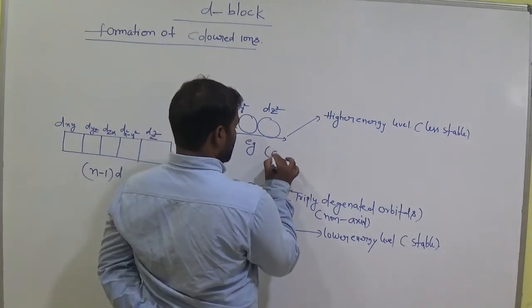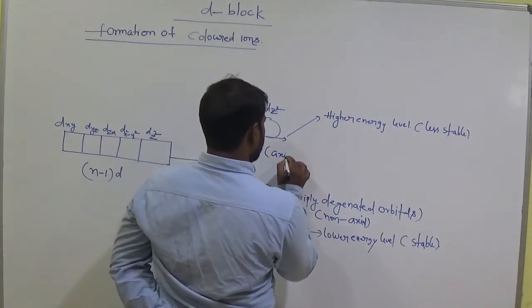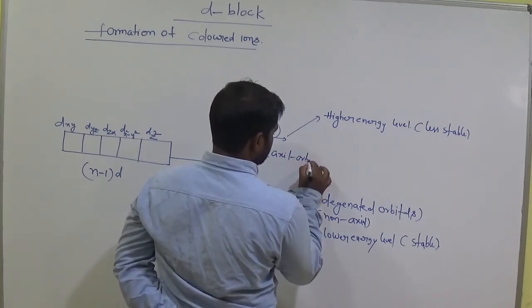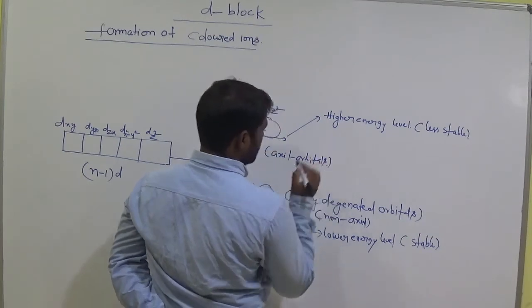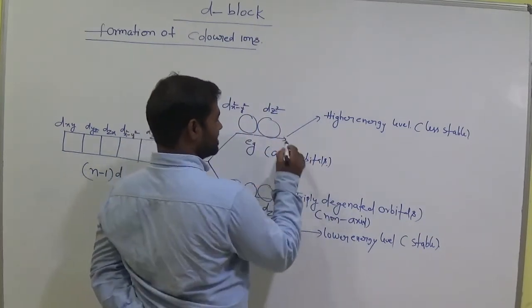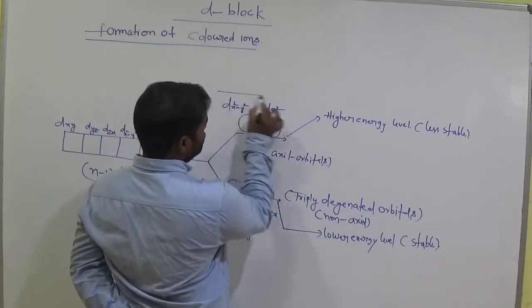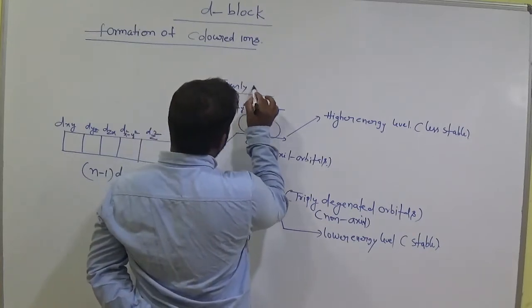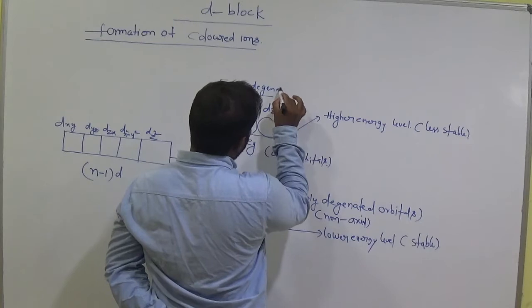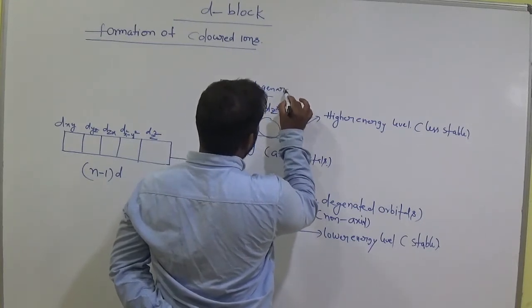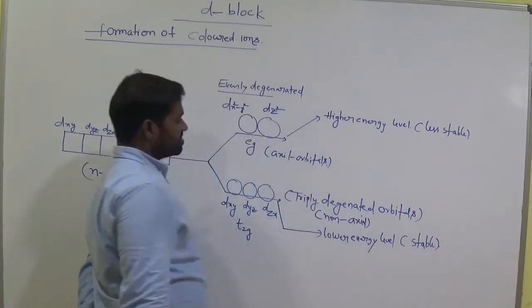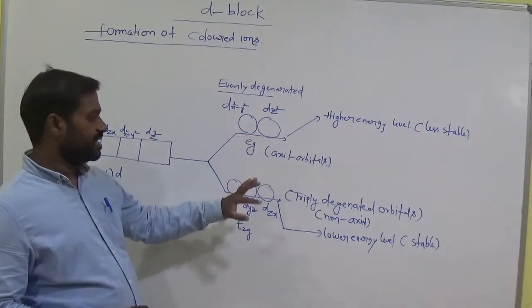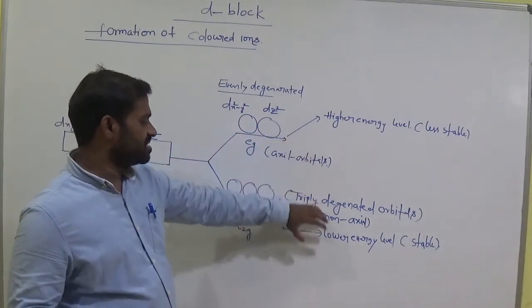And these are axial orbitals, and this is an even number. These two are evenly degenerate orbitals. Here triply means 3 and this is even number 2. Remember, these are axial orbitals, and these are non-axial orbitals.